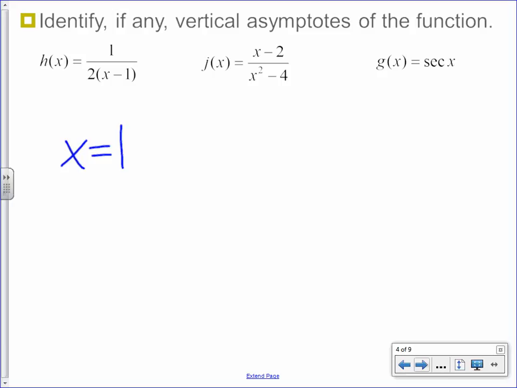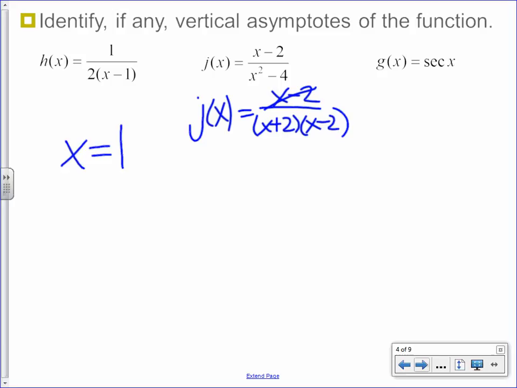F of x, which is really j of x. What did you say? X equals 2. There's a hole at 2, because once you simplify it out, let's factor to see if we can simplify.